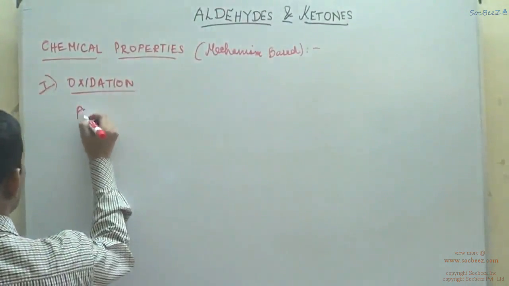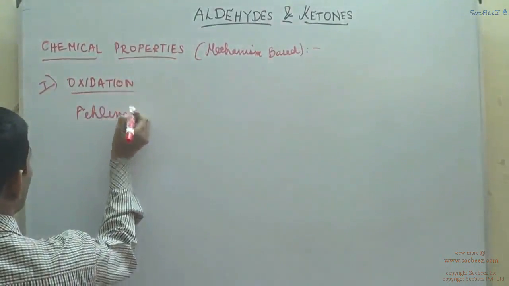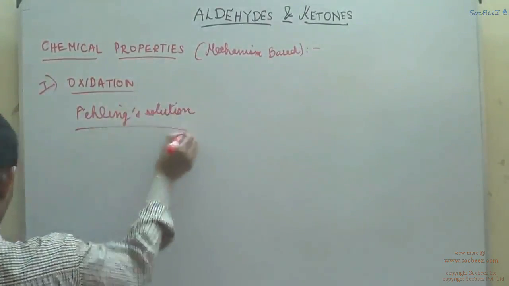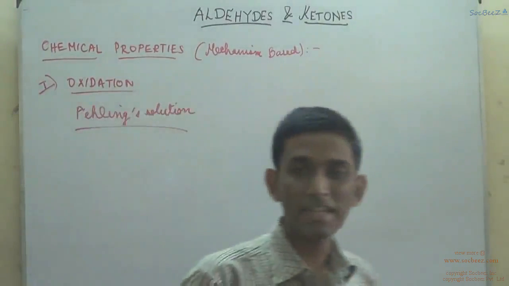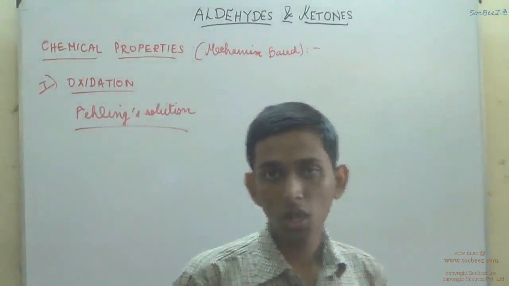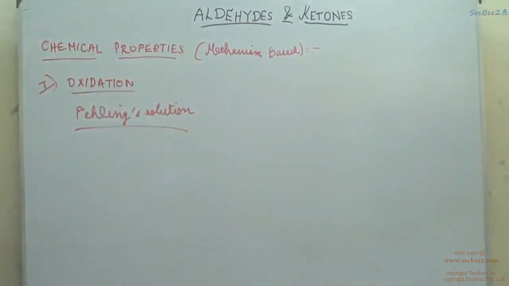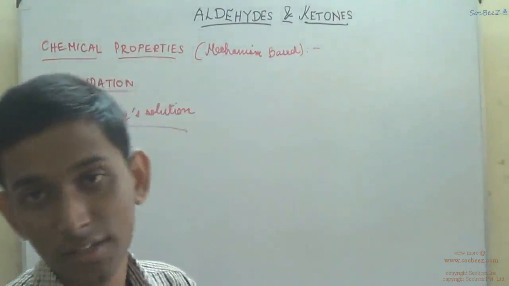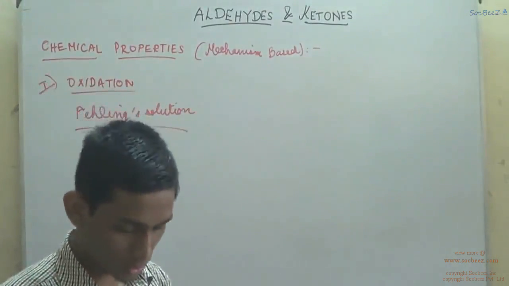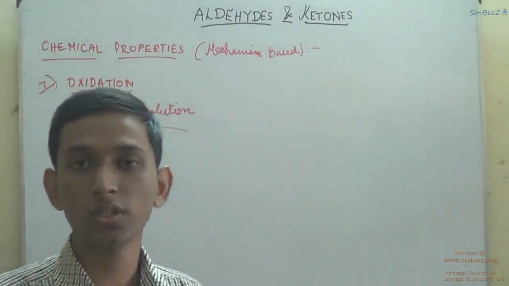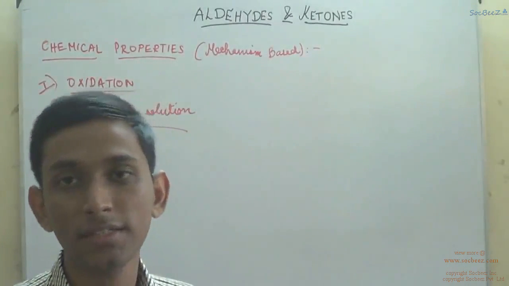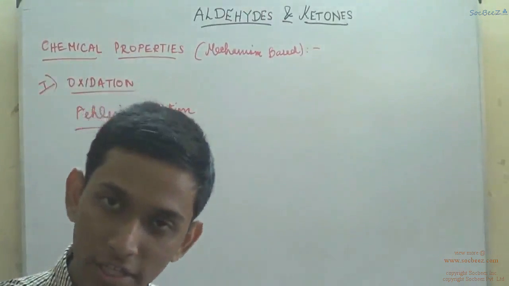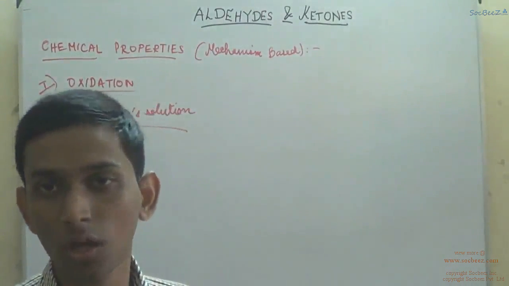Next, Fehling solution. Fehling solution generally contains two parts, Fehling A and Fehling B. Fehling A is copper sulfate solution, whereas Fehling B is an alkaline solution of sodium or potassium tartrate, which is called Rochelle salt.